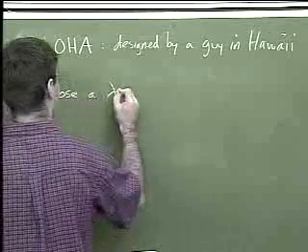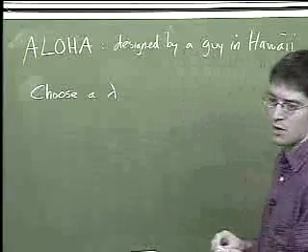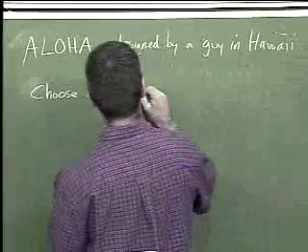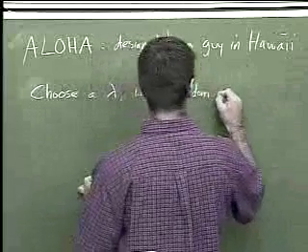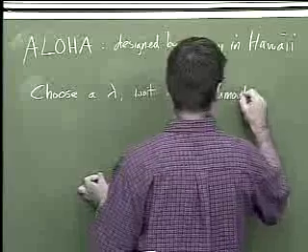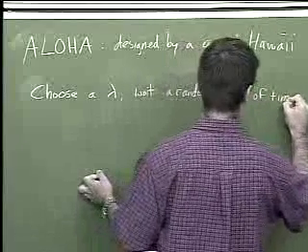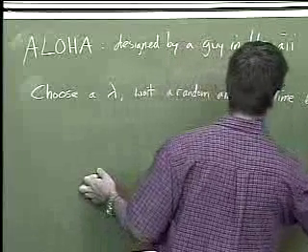Choose a lambda. Wait a random amount of time before sending a packet.